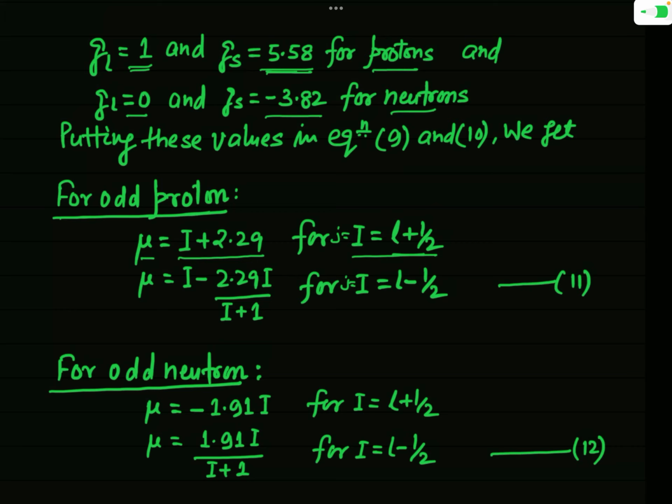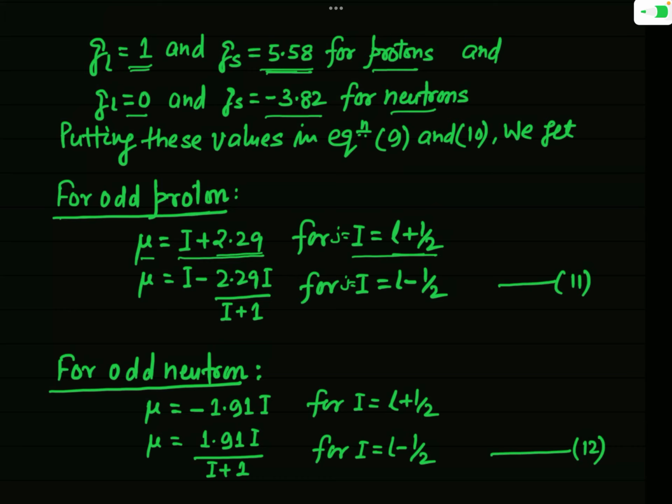You can see this is just the equation of a straight line. In fact, this straight line has an intercept on the y-axis equal to 2.29.